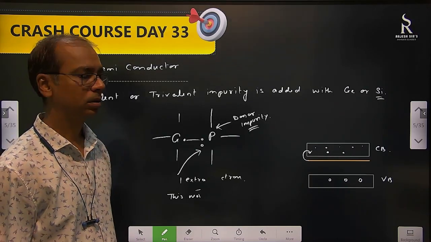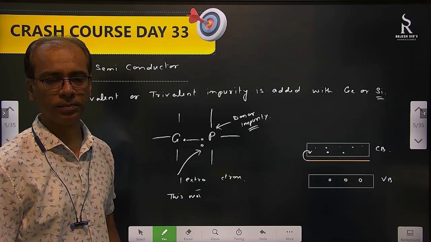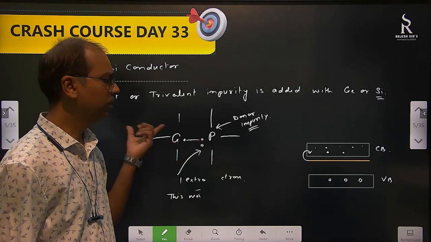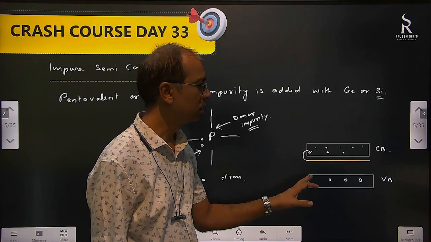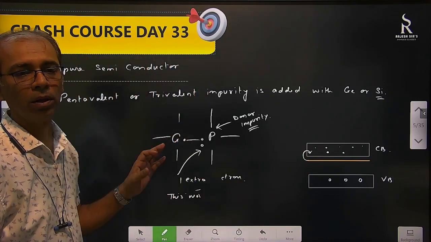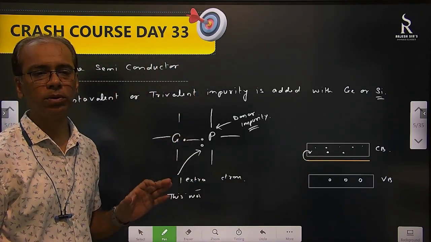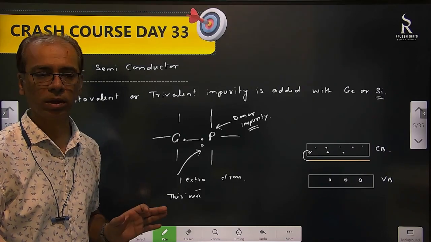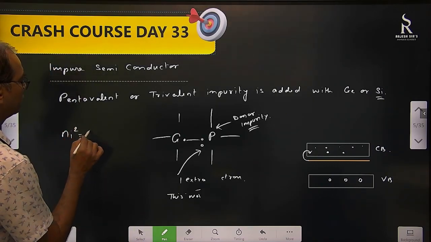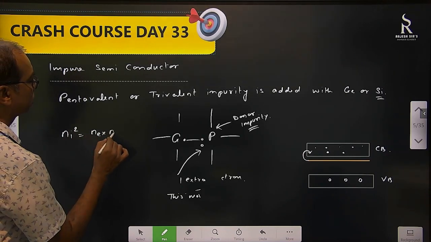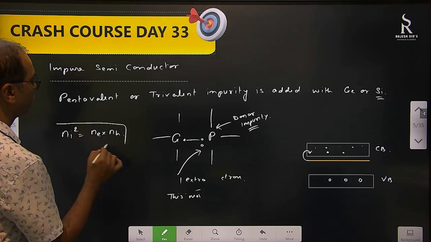There is no doubt about that because this was neutral and both were neutral only. So here also, we still have Ni square equal to Ne into NH. It's valid. Ni square equal to Ne into NH is still valid here also.